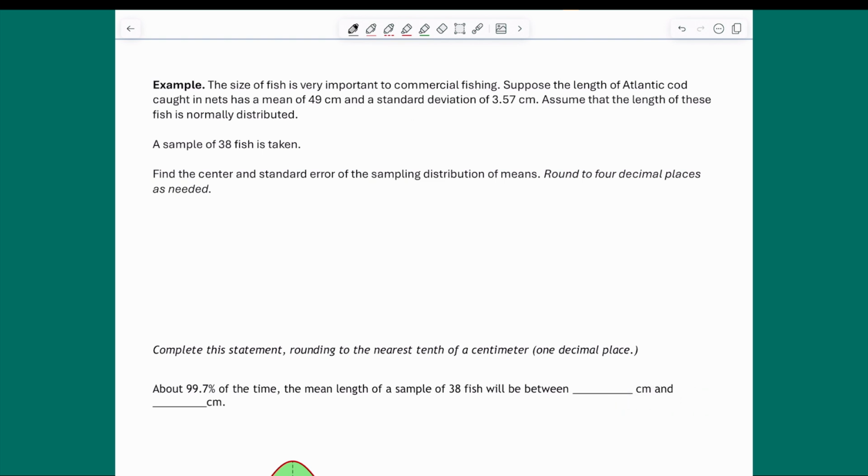Okay, so X here is the length of Atlantic cod, and we're told that the mean is 49 centimeters and the standard deviation is 3.5, and we're told X is normally distributed.